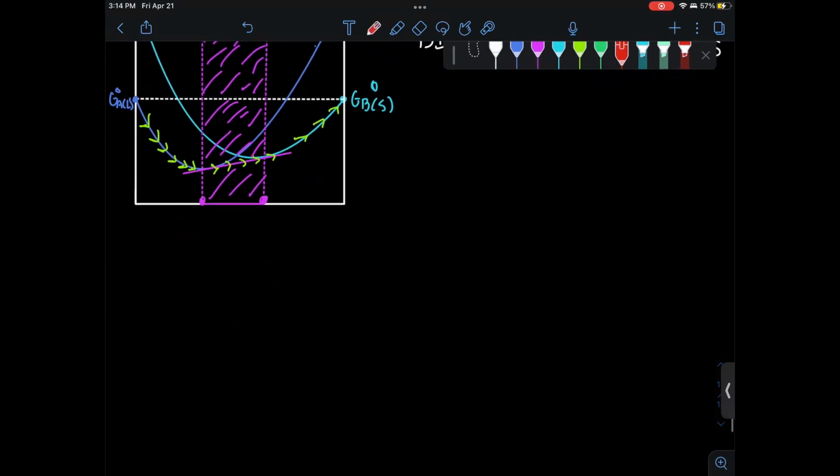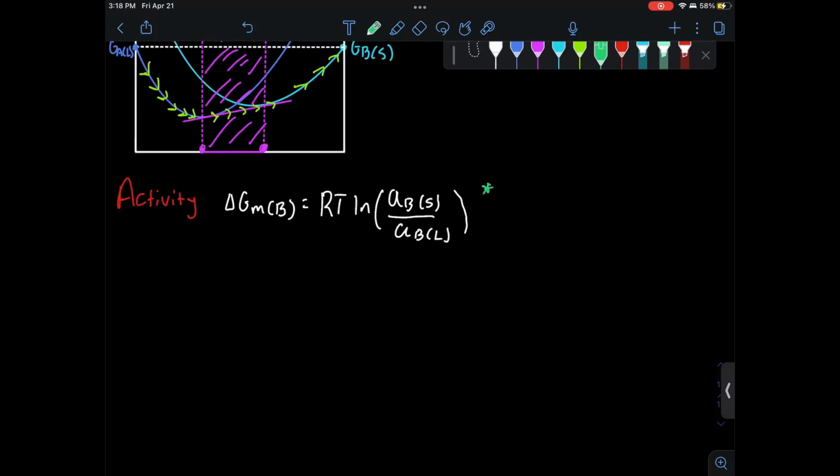Now, let's talk about activity. Since we know this here stands for the Gibbs free energy of melting, and the Gibbs free energy of melting is greater than 0, and it corresponds to the activity of B as a solid divided by the activity of B as a liquid, this is going to yield us positive.